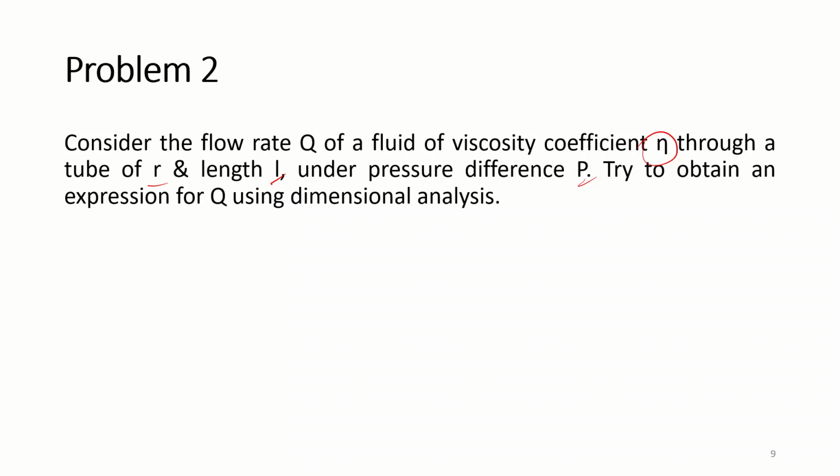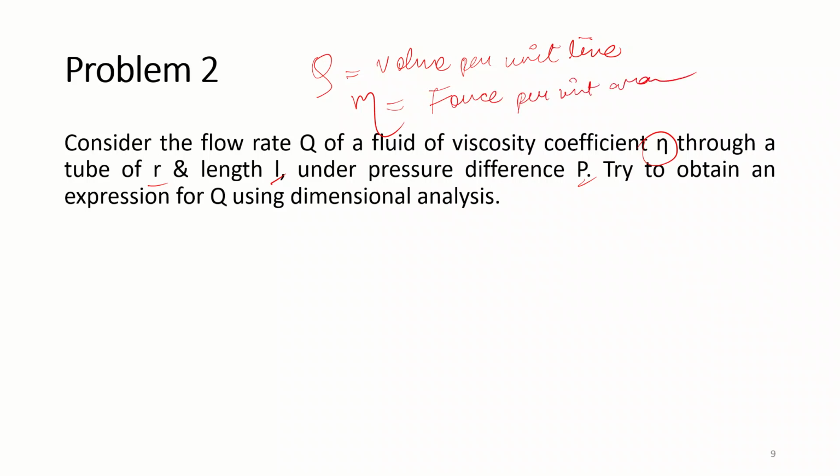So Q is volume per unit time, and eta is force per unit area per unit velocity gradient.